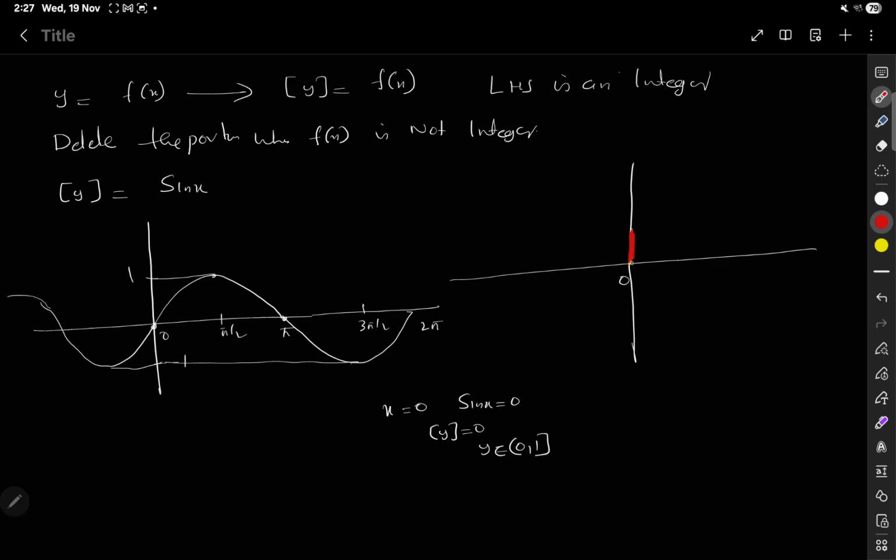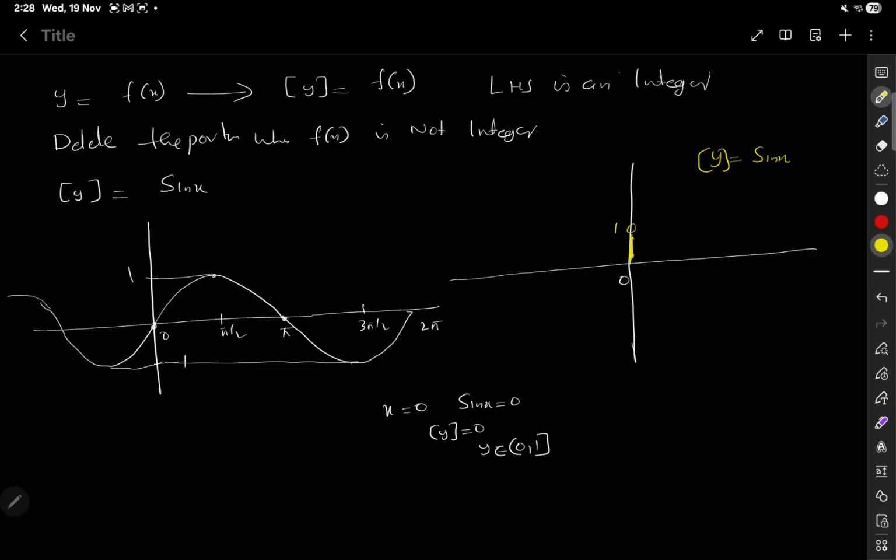Okay, so 0, 1 will not come, but all these points will come. For example, you take 0, 0.5. Will it satisfy this equation? Which equation? Y equal to sin x. Substitute. If you put x equal to 0, the right side is 0. If you put 0.5 instead of y, you will get 0. 0 equal to 0. So it satisfies. Now 0.009, this will satisfy? Yes, it will satisfy. So all these points will satisfy.